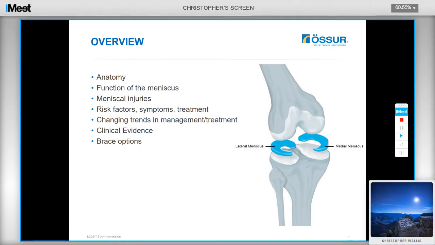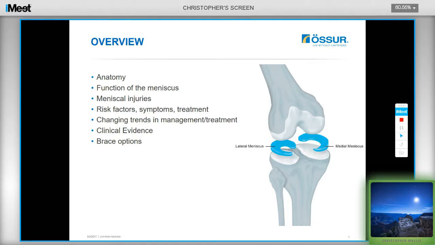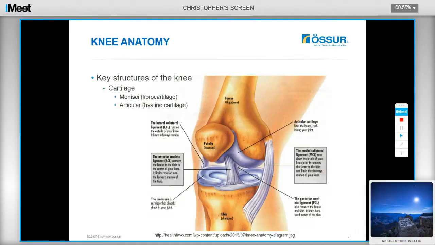And I'll also run through some changing trends in the management and treatment of these injuries and discuss some of the clinical evidence that support those changes. And obviously throughout, where there's bracing options applicable to see where bracing can fit into the management protocols, I will highlight certain products.